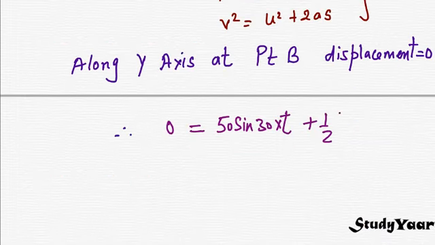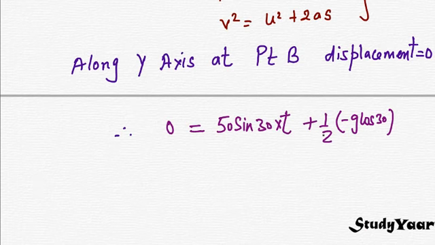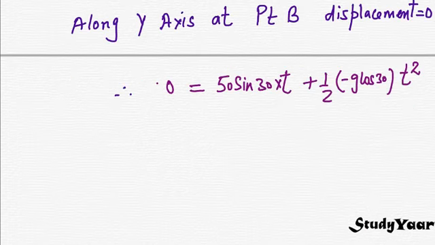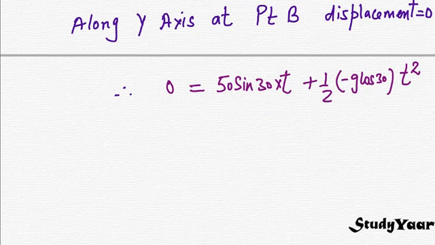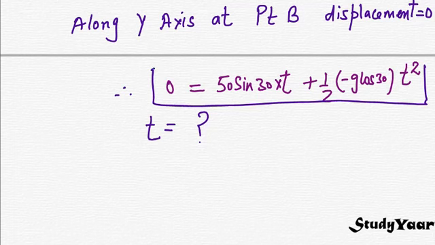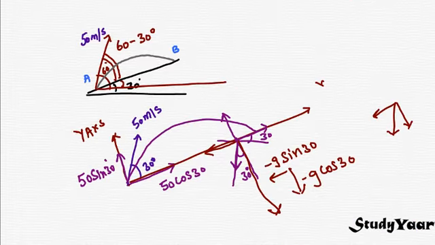Minus g cos 30, half a into t square. So you have a quadratic equation in t. You can find out your t from here. Once I have t, I need to find the distance AB.